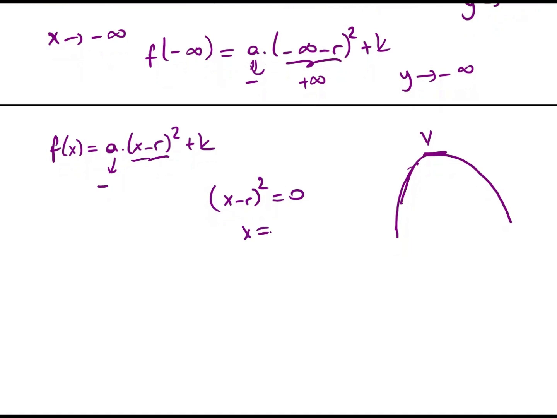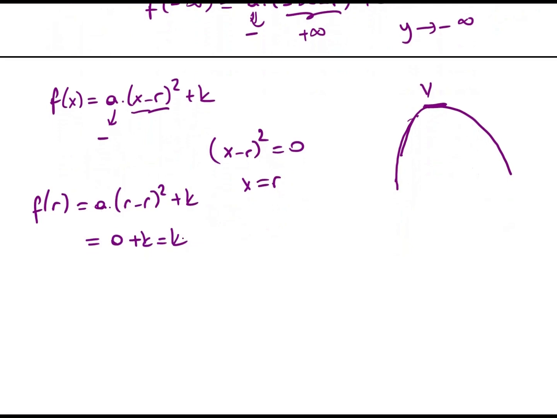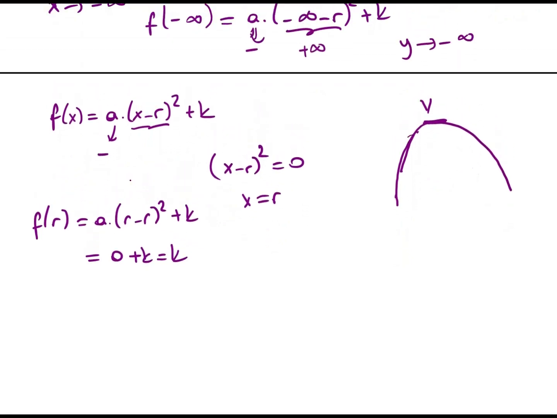So if we substitute r in the function, we will see that a times (r minus r) squared plus k will be 0 plus k, which is k, right? So in this case, the vertex point again will be (r, k). Thank you for listening.